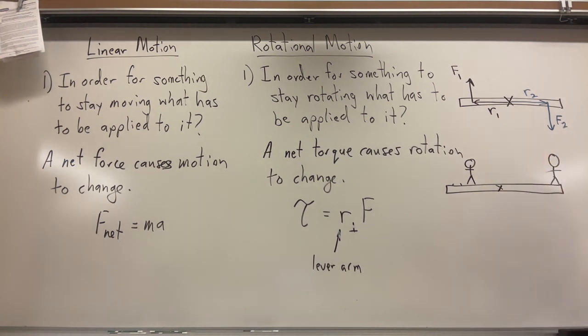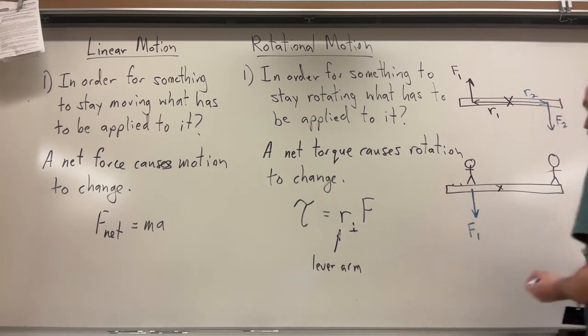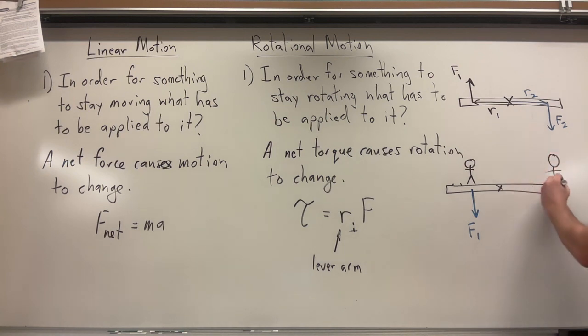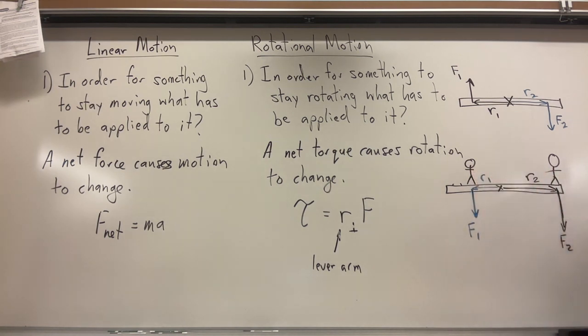If you wanted to find the torque from each person, there's going to be a force from person 1 going down, and a force from person 2 going down this way. The lever arm for 2 would be there to there. The lever arm for 1 would be there to there.